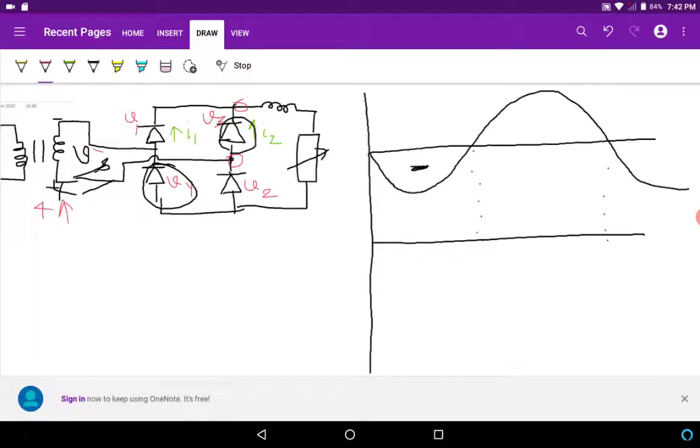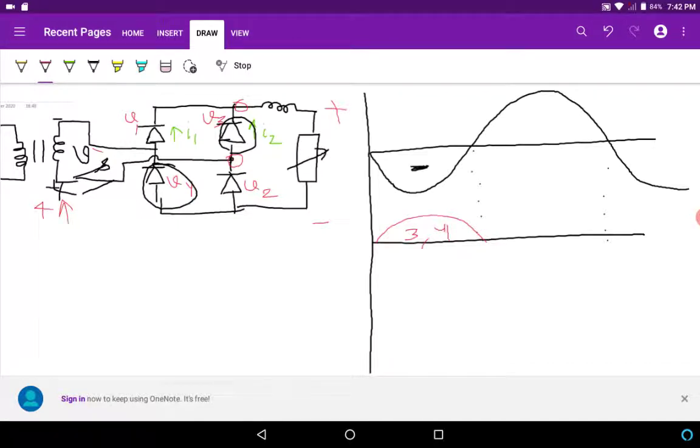So during this period V3 and V4 will conduct, but the voltage at this terminal will always be plus, minus like this. If I draw the waveform, it will be like this, and during this period valves 3 and 4 are conducting.